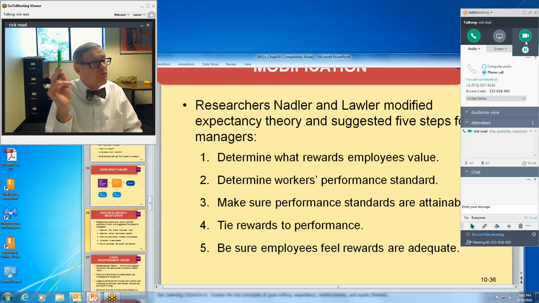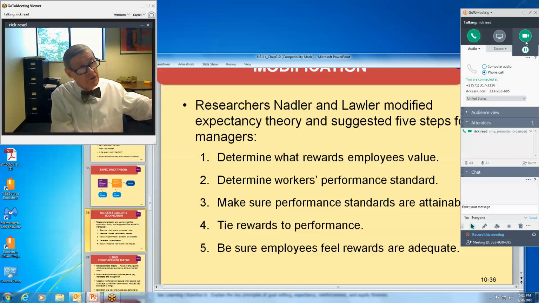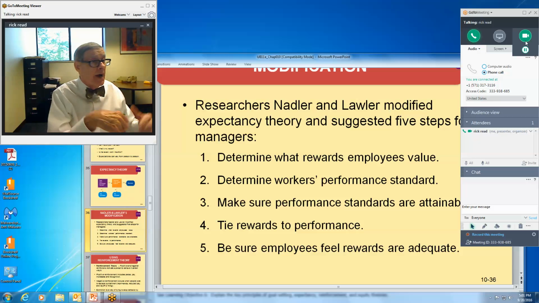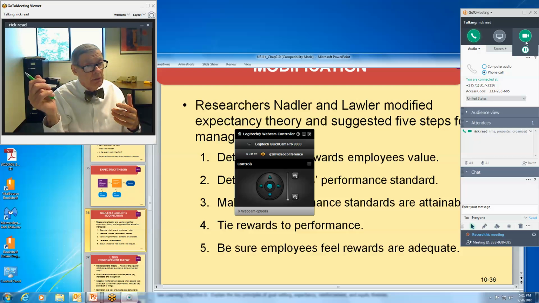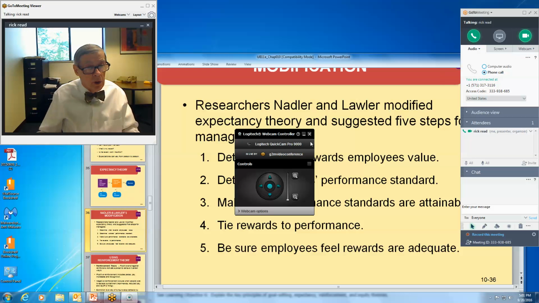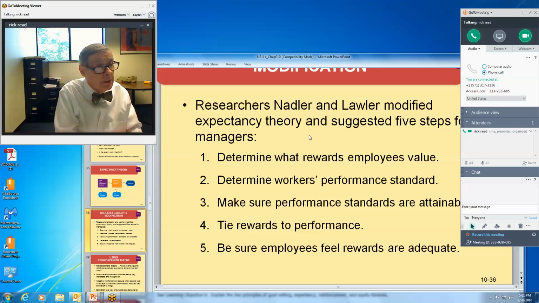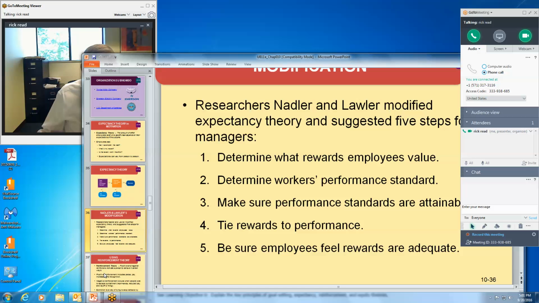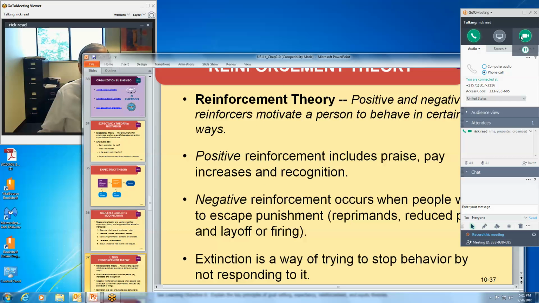Make sure performance standards are attainable. That goes back to goal-setting theory. Can I achieve this? Tie the reward to the performance, and then make sure that the employee believes that the reward is adequate for the amount of effort expended.